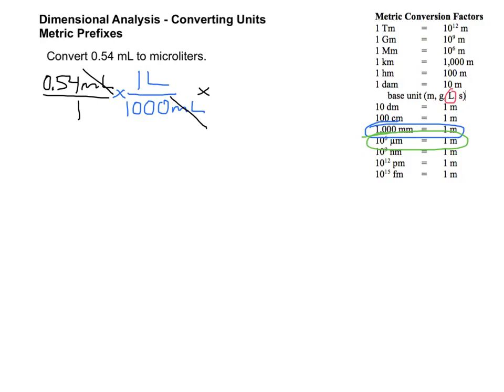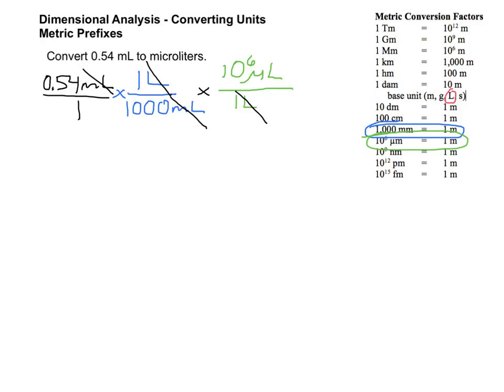Now we're in base units of liters, so what we'll enter here is 1 liter, and there are 10 to the 6th microliters in 1 liter. Once again, we can cancel units, in this case liters, and we'll be left with the unit of microliters that we've been looking for.